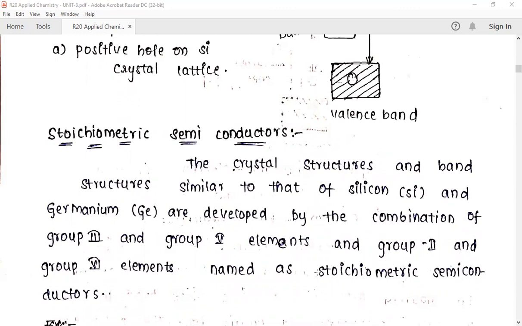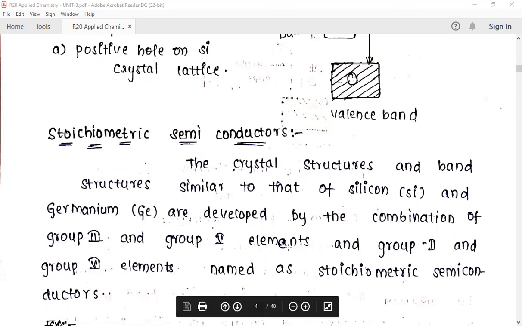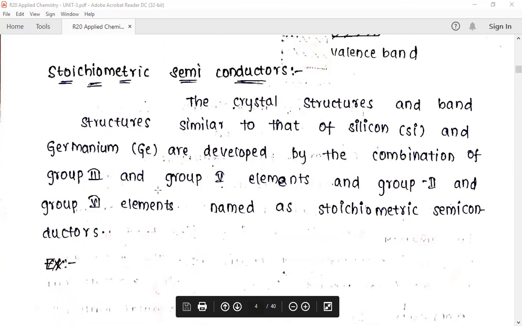Coming to the first one, the stoichiometric semiconductors. Those whose crystal structure and band structure are similar to those of silicon and germanium, developed by the combination of group 3 and group 5 elements, and group 2 and group 6 elements, are named stoichiometric semiconductors.